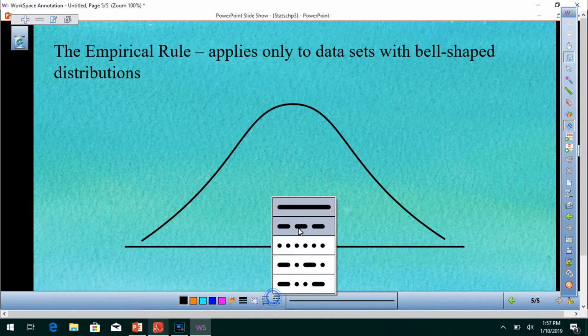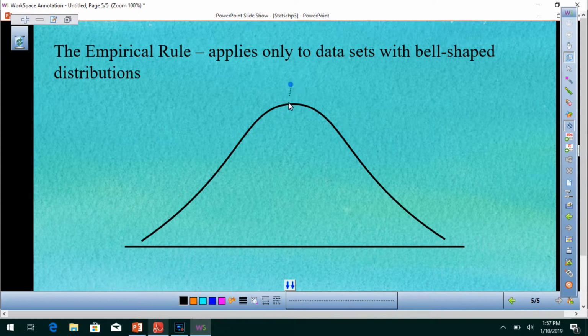Right here in the middle is x bar. On this side is 50% of the data, and on this side is 50% of the data.